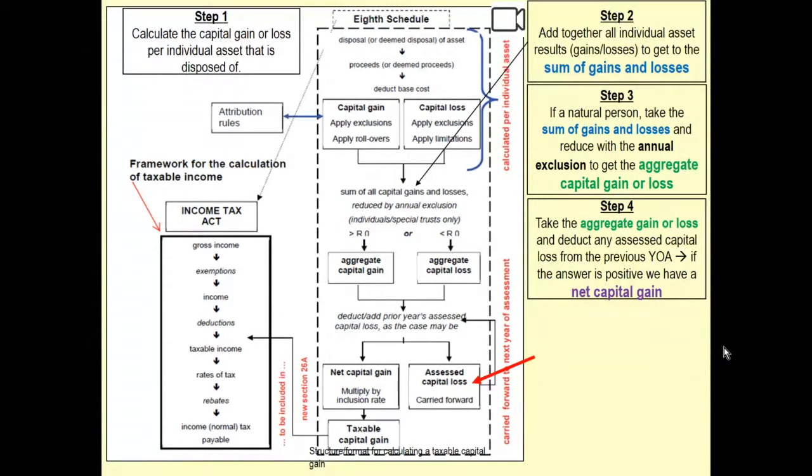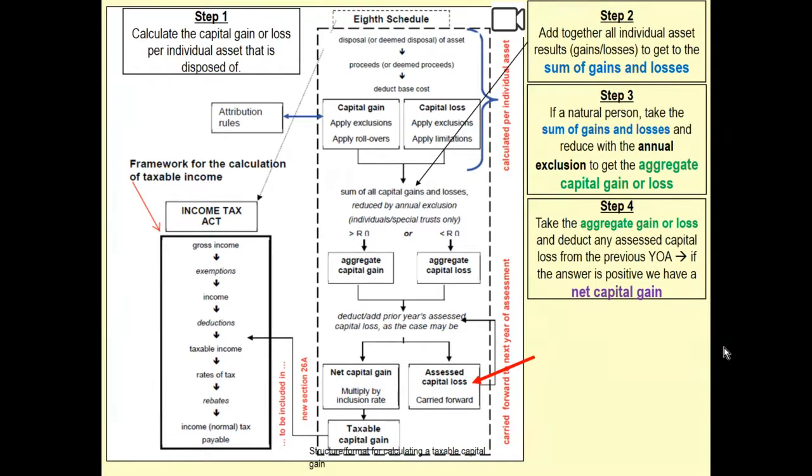An assessed capital loss is always carried forward to your next year of assessment. You are not allowed to take it into account in your framework for calculating taxable income. The only thing that can go into your framework is a taxable capital gain. So once we get to step 4, we take our aggregate capital gain or aggregate capital loss, and we deduct from that any assessed capital loss from the previous year of assessment.